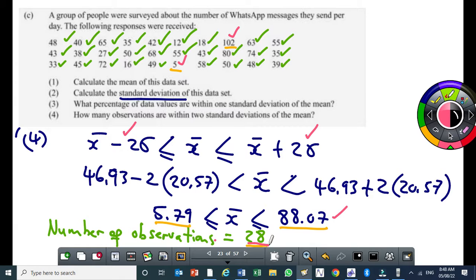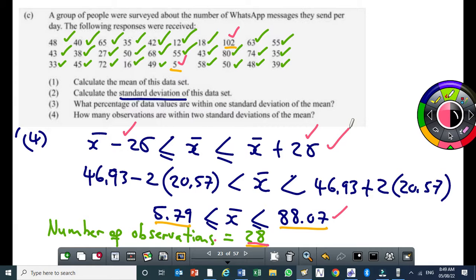Are you following? No. So 28 is this one. Look at this part. You want values that are within 2 standard deviations. If it's 2 standard deviations, we multiply sigma by what? By 2.